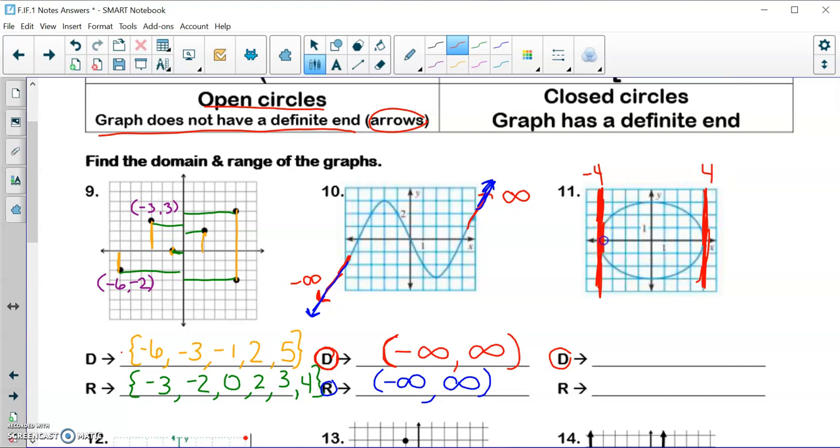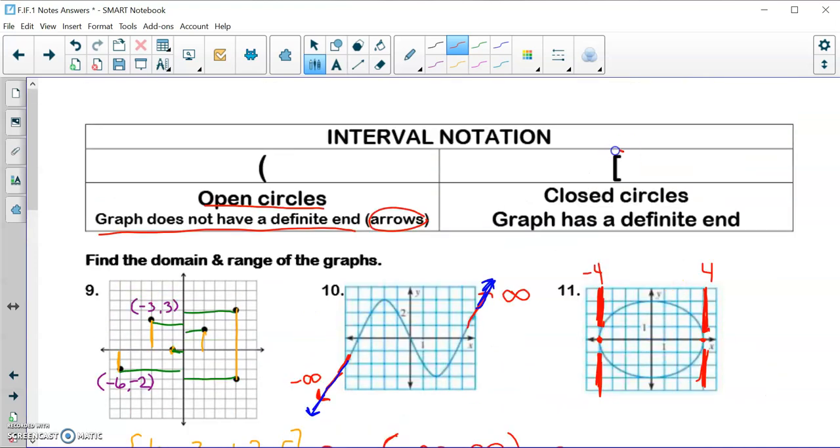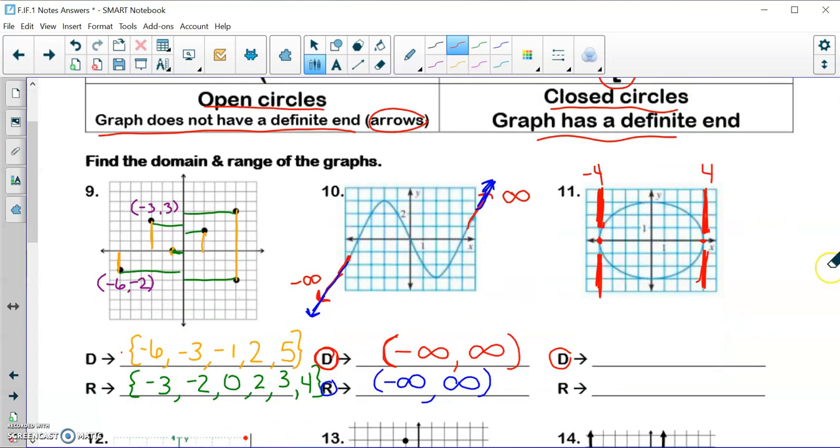And since these are closed dots on my graph right here, that means x can be -4 and x can be 4. So we use this bracket when we have closed dots on a graph or when your graph does have a definite end. So I'm going to say that x can be anything in between -4 and 4. And I'm going to close that off with the brackets.